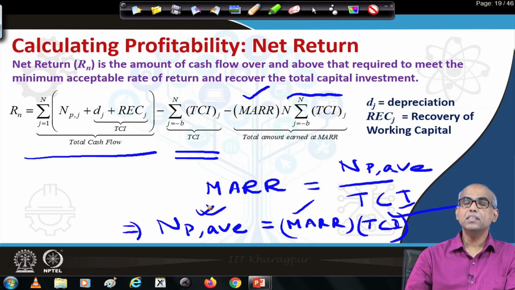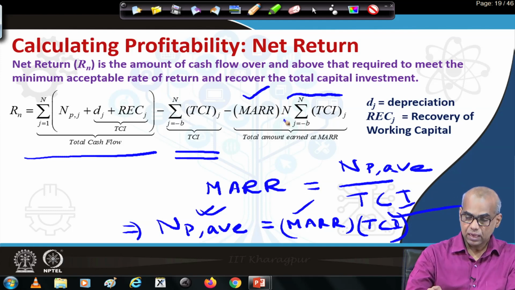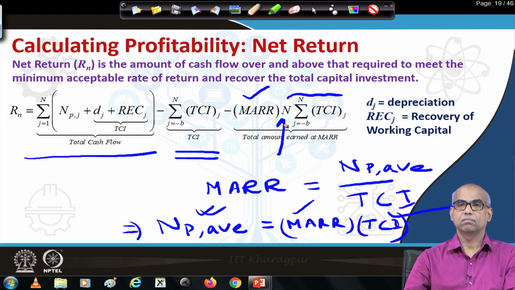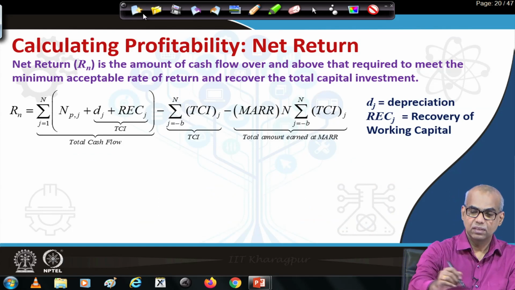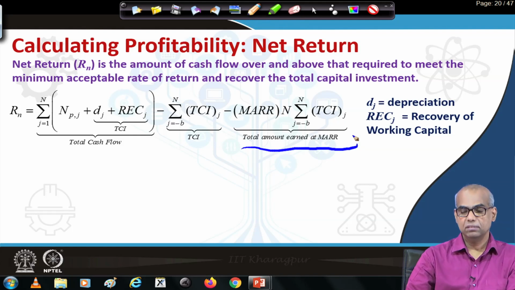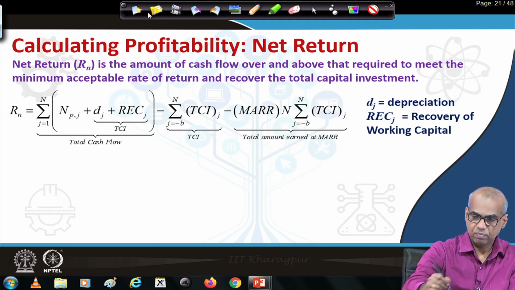Now, when you multiply this average profit by n, the project life, what you get is the total amount that you have earned. So, the last part of this equation represents the total amount earned at the minimum acceptable rate of return.